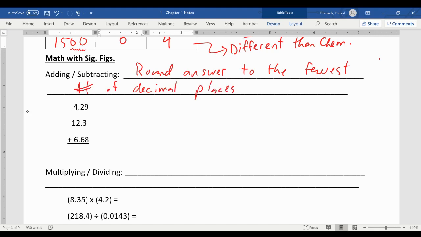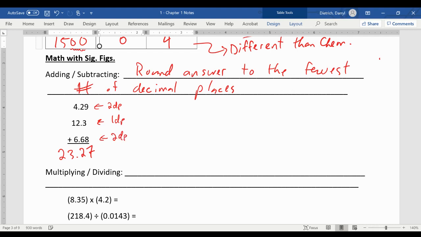So if we look at our example here, if we were just going to add this up, punch these numbers into our calculator, we get 23.27. And then we have to look back here and realize, hey, this has 2 decimal places. This one has 1 decimal place. This number has 2 decimal places.